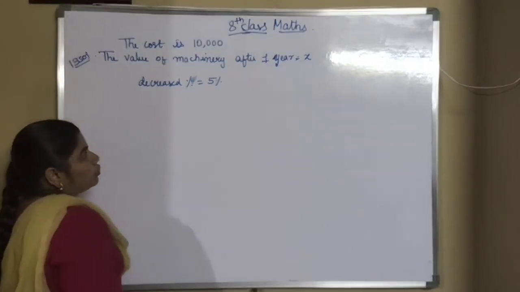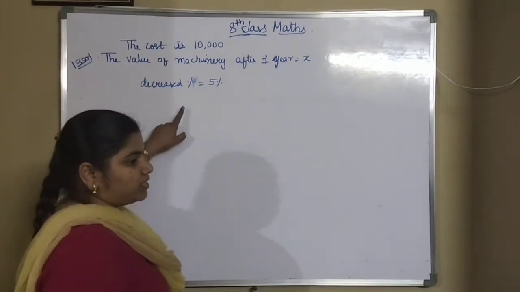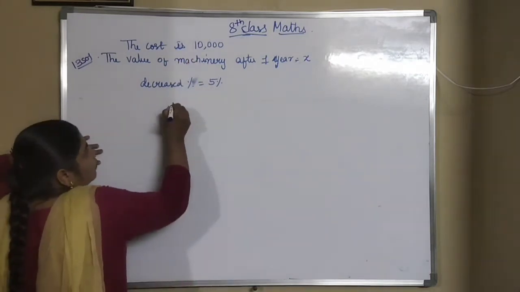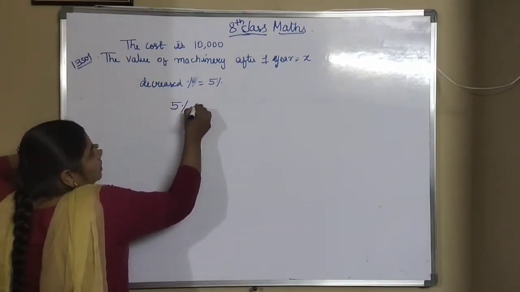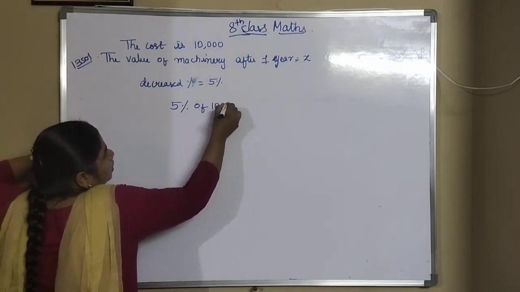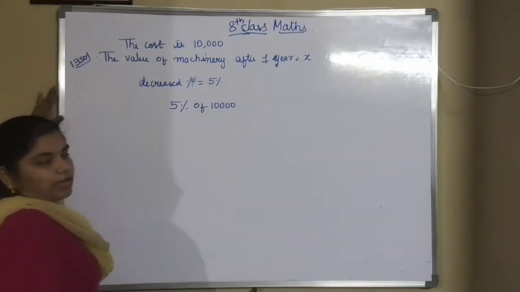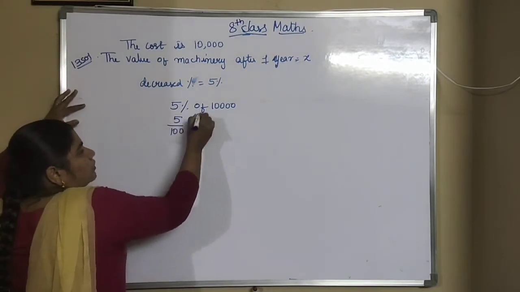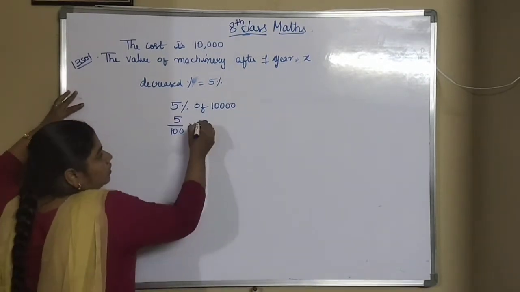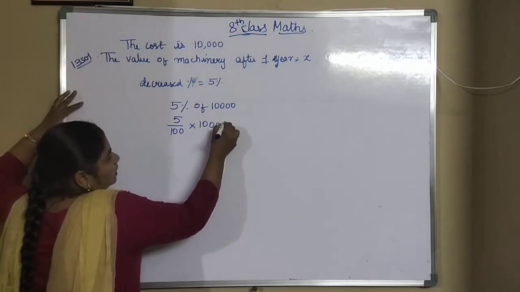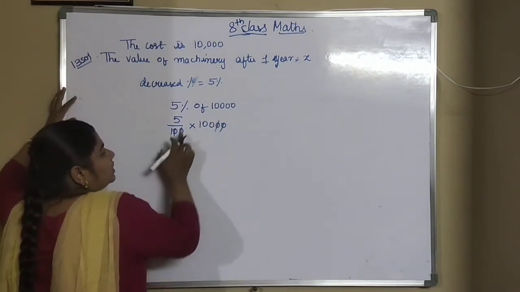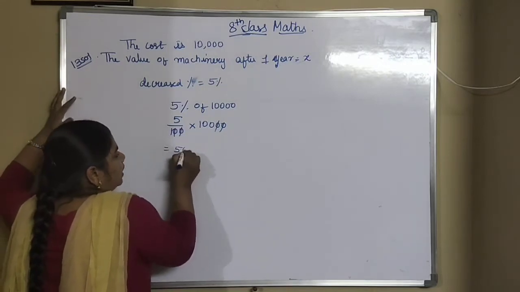So we have to find what is 5% of 10,000. 5% we can write in the form of 5 by 100. Of is nothing but multiplication, into 10,000. So the zeros, 0, 0, 0, 0, will get cancelled. 5 into 100 will be 500.